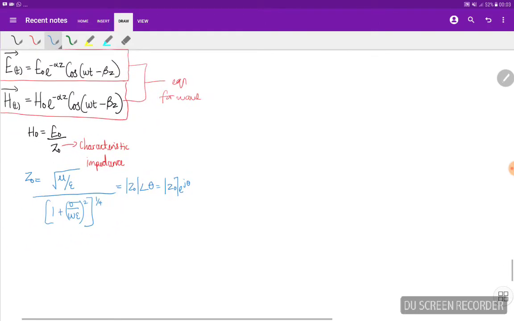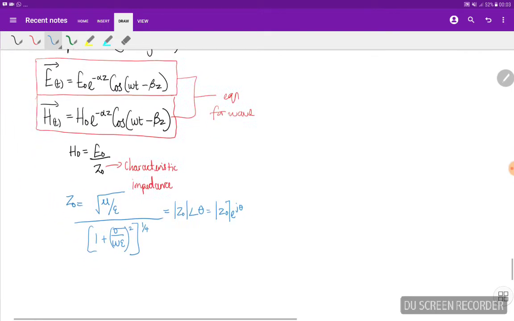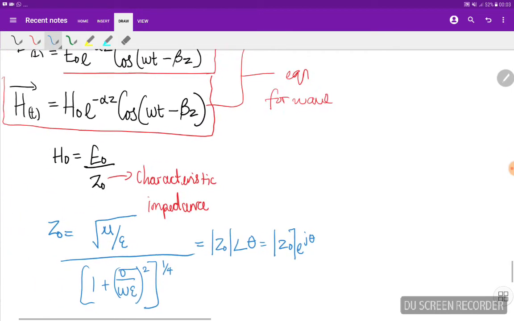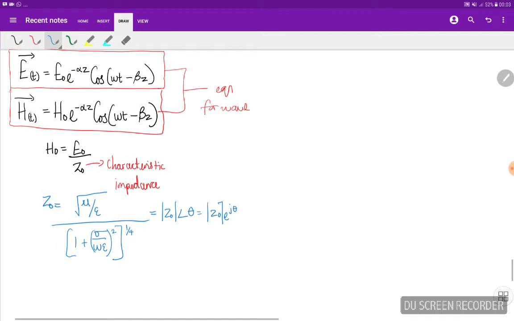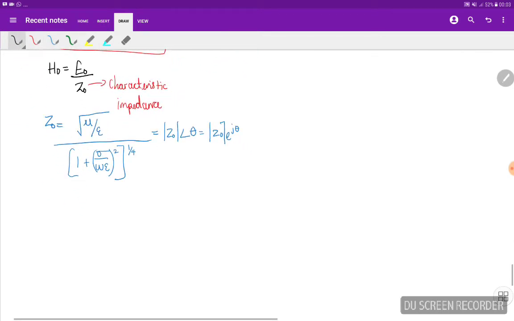Now, explaining your graph. Remember that in free space, alpha is equal to 0, and beta is equal to the magnitude of our propagation constant.